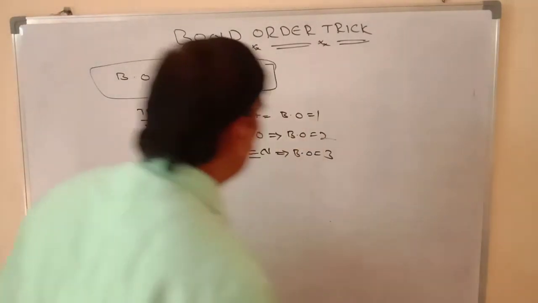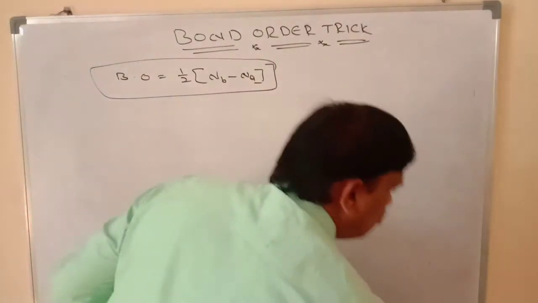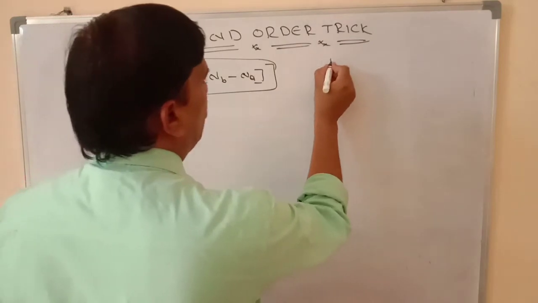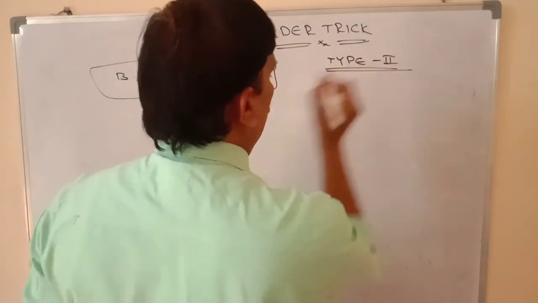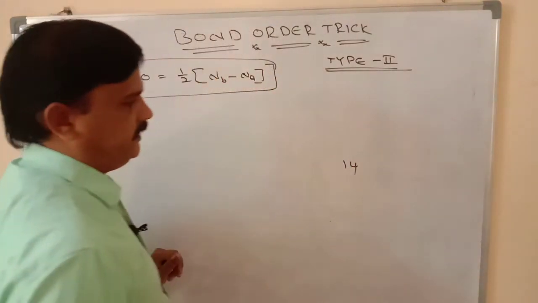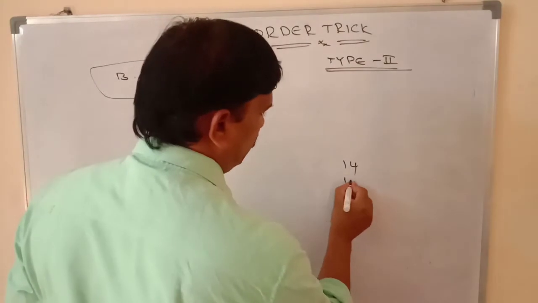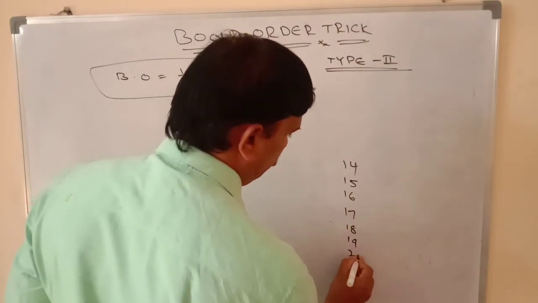Next, the type 2 trick to calculate bond order. Just write 14 first as the base. Next 15, 16, 17, 18, 19, 20.